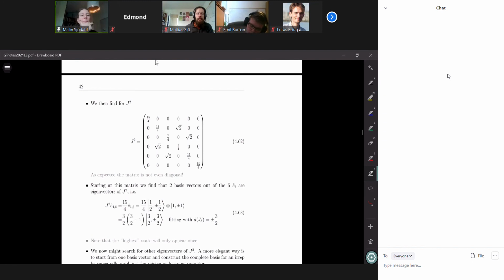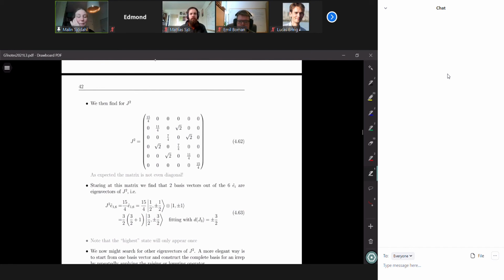Some of you might expect J square to be diagonal because there was something called Schur's lemma, saying that if we have an operator that commutes with all elements in the group, it should be proportional to the identity matrix. This is clearly not proportional to the identity matrix. And so I wasn't completing all the details of Schur's lemma.